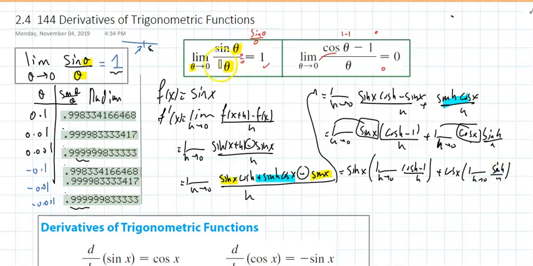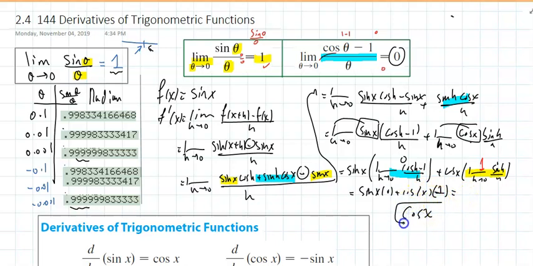Now, according to this rule, that's a 1. And according to this rule, that's a 0. So I'm left with the sine of x times 0 plus the cosine of x times 1, which is cosine of x.